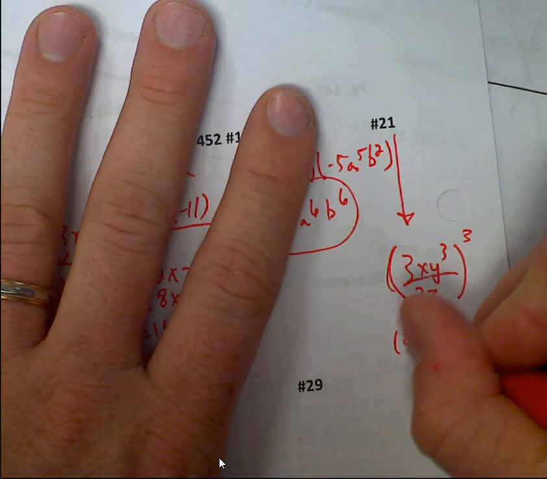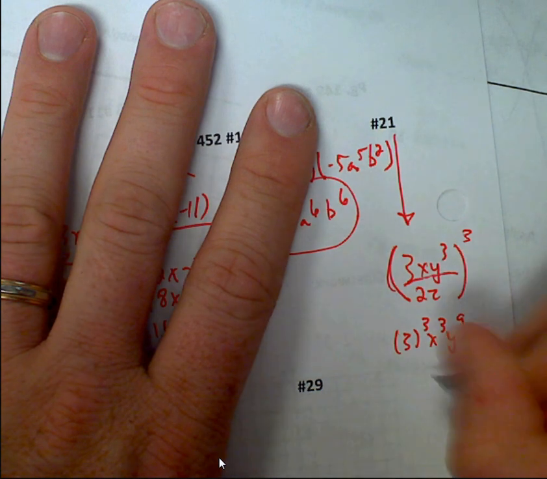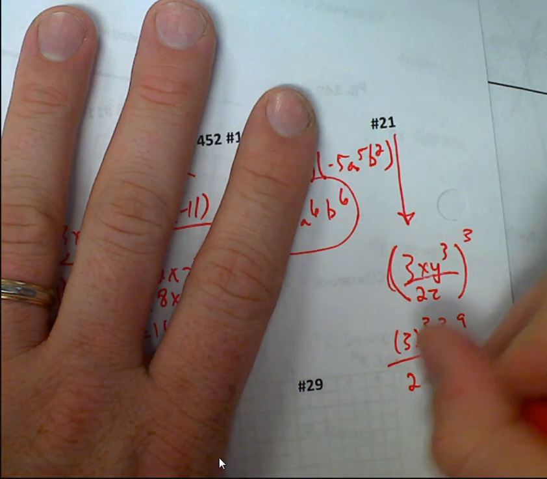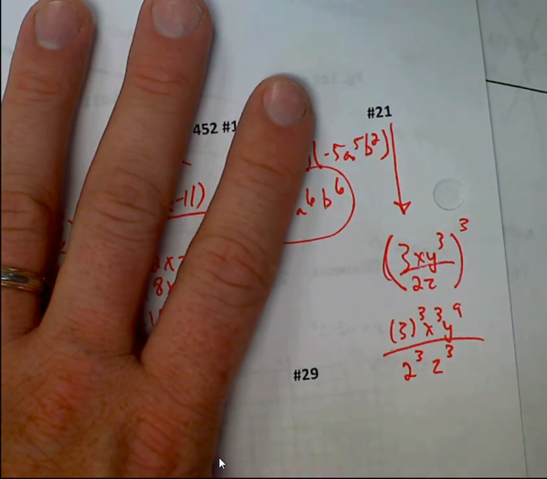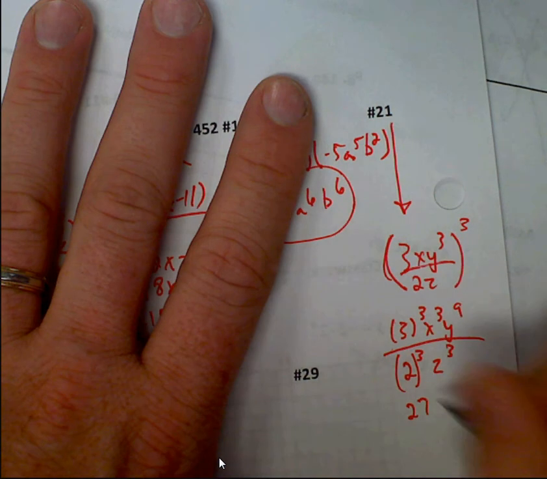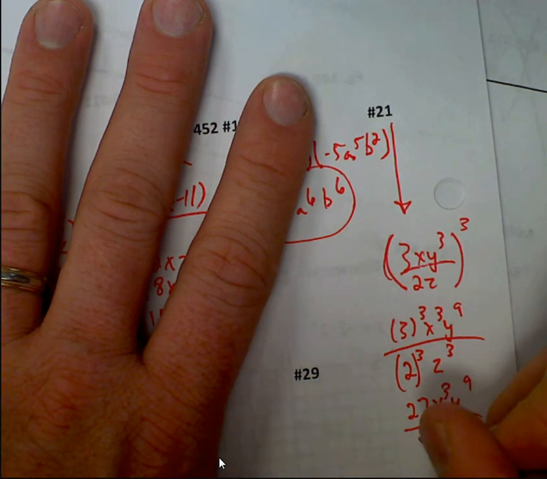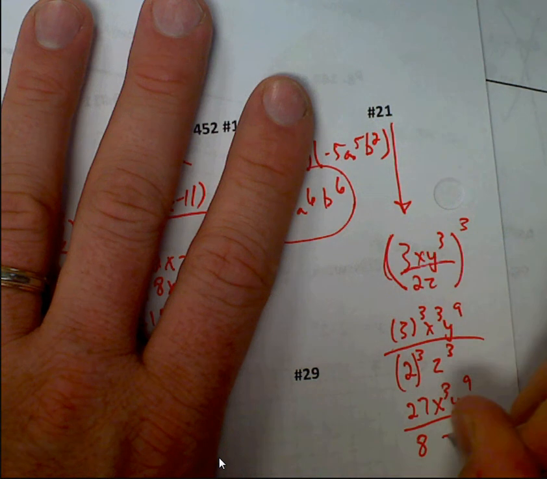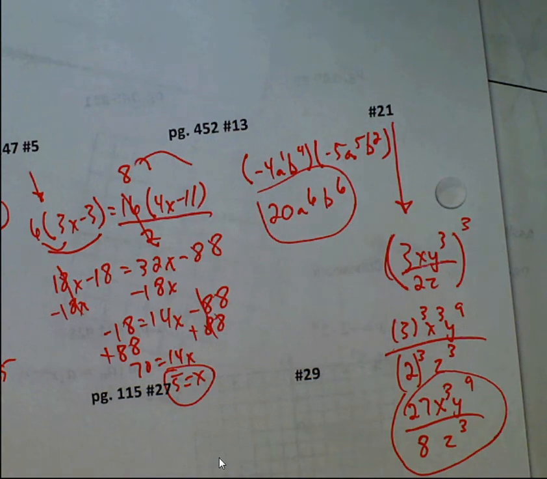So this would become 3 to the third, x to the third, y to the 9, over 2 to the third, z to the third. 3 to the third would be 27. Then I have x3, y9. 2 to the third is 8. Z to the third. There's nothing else I can do. That is my answer.